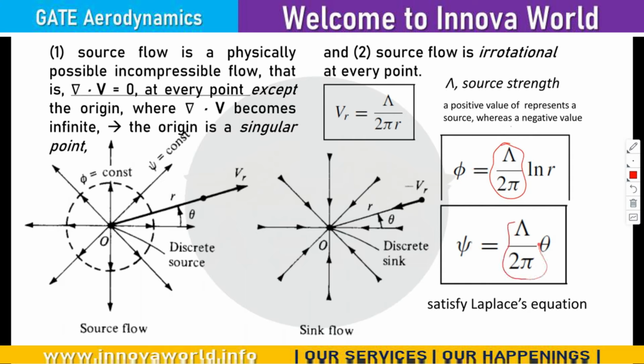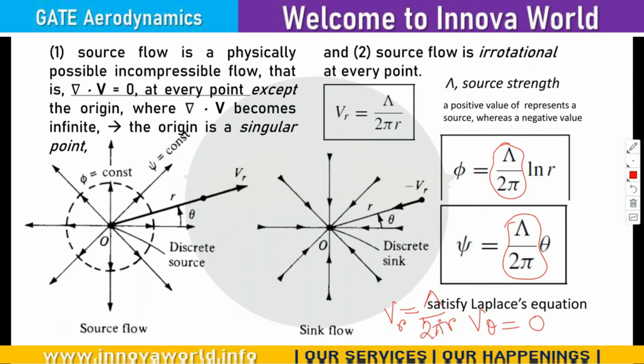From here, what you have to obtain is VR and V theta. For the source flow, V theta is already 0 and VR exists. And what is VR? It is lambda by 2 pi r.